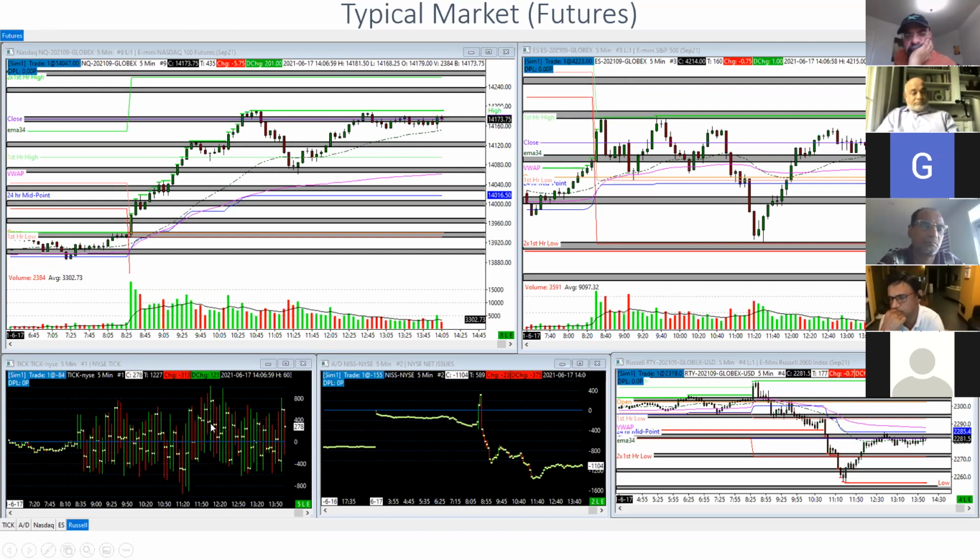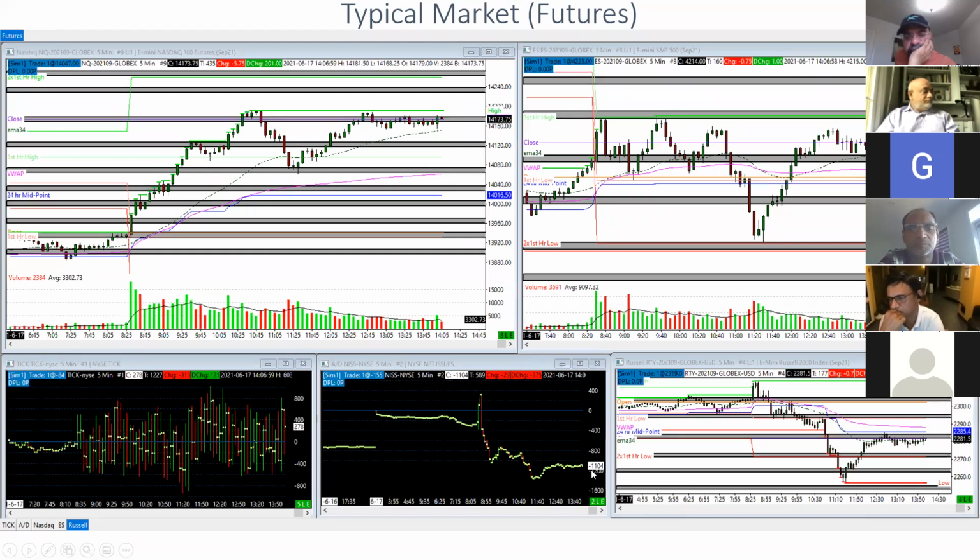If this is continuously up, what is it telling you? That more and more stocks are trading higher compared to the previous trades. And if it is dropping like this, then what is it telling you? That more stocks are trading lower compared to their previous trades. This one is known as the advance decline line, or AD line.